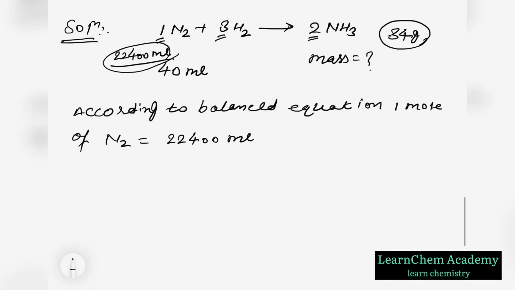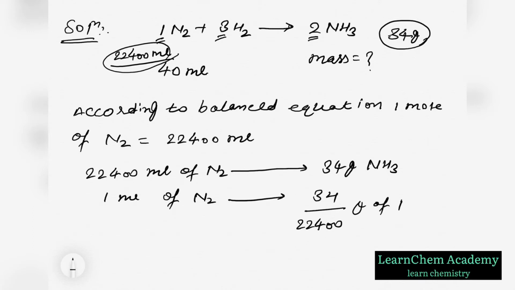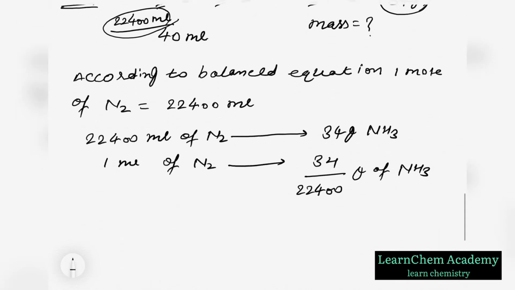Now we can use the unitary method. If 22400 ml of nitrogen produces 34 gram of ammonia, then 1 ml of nitrogen will produce 34 divided by 22400 gram of ammonia.